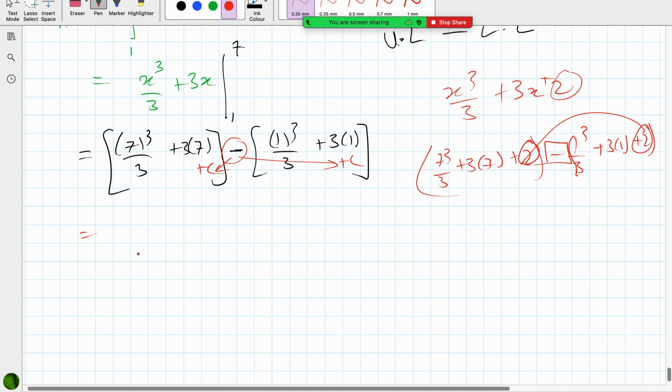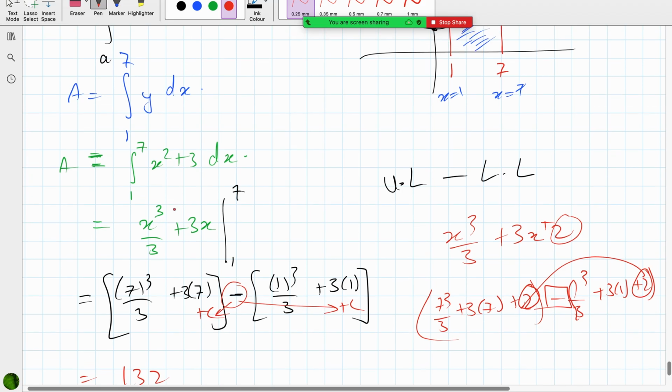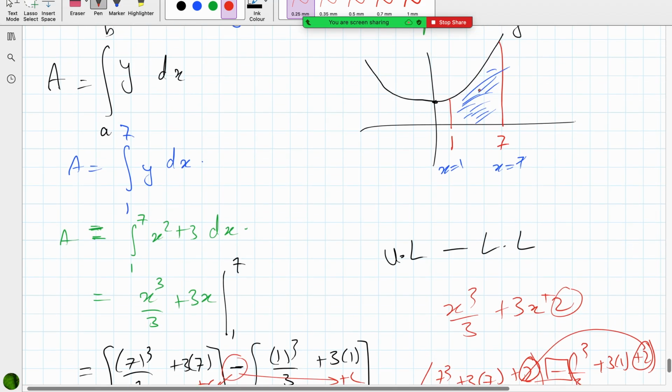Now this is 7 cube by 3 plus 3 times 7, which is 21, and we subtract 1 by 3 plus 3, and you get the answer as 132. So basically the area of this shaded part is 132 units square.